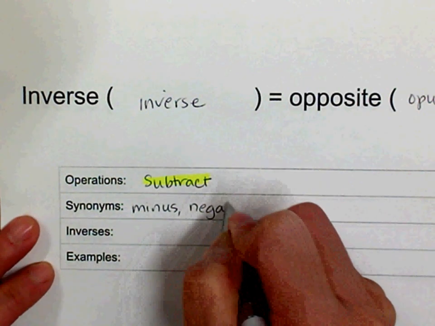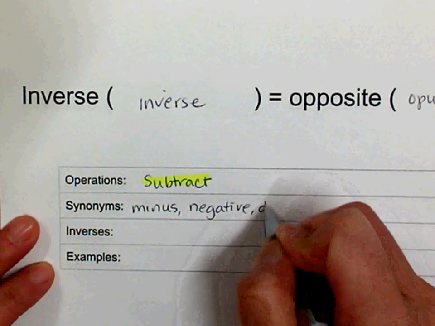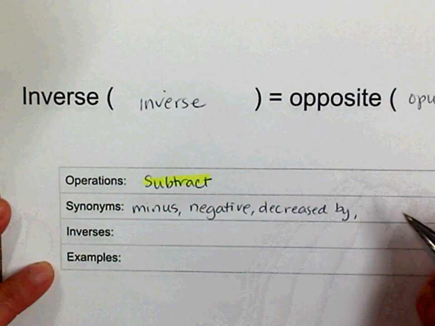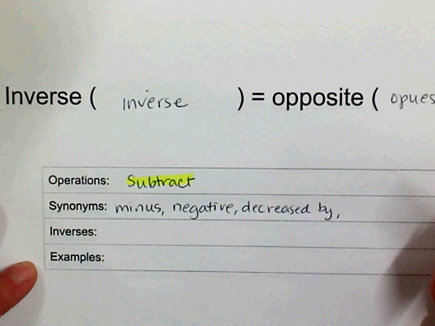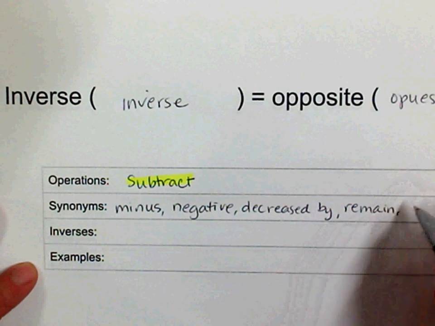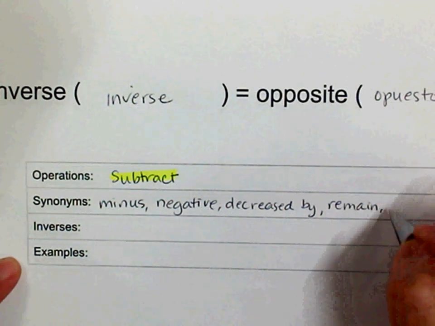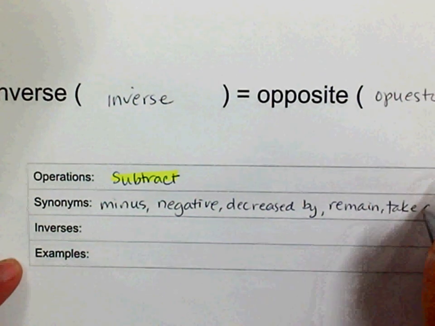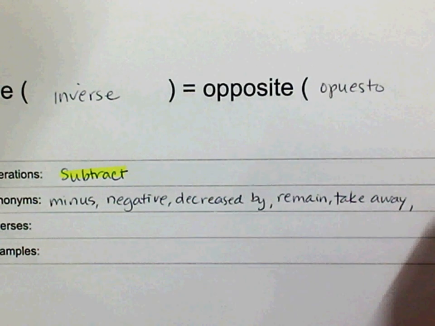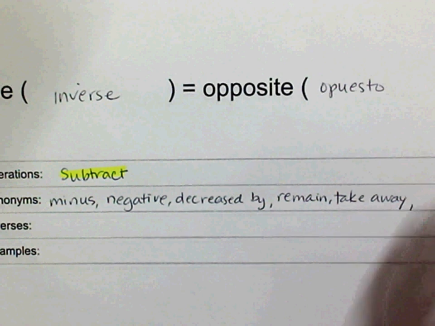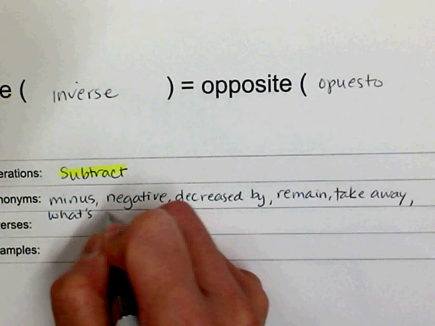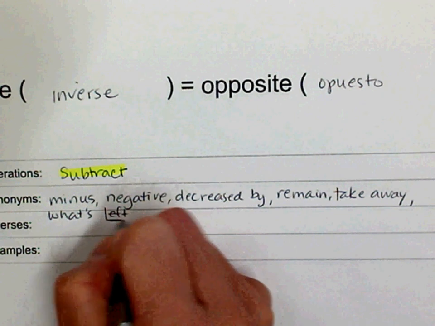Negative, decrease by, okay. Remain, take away, all right. Some other words are what's left, or just left, really, okay.